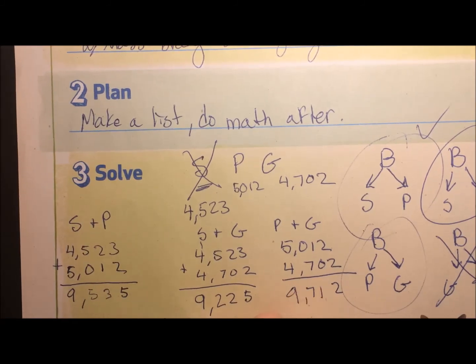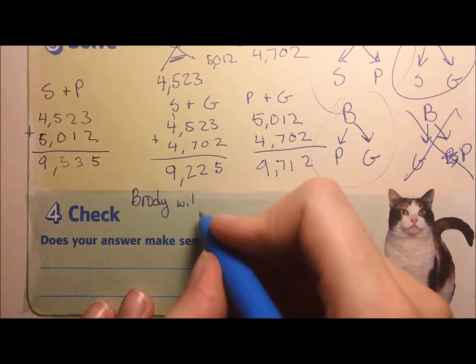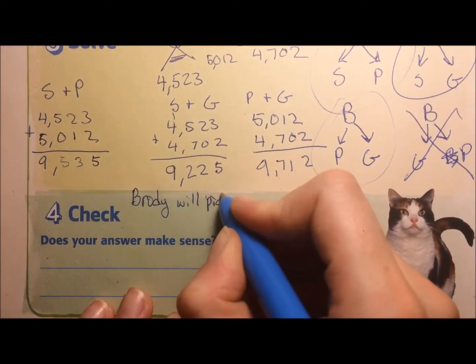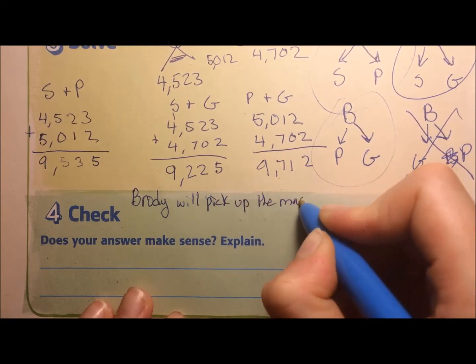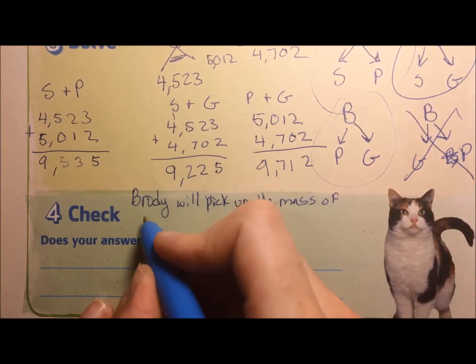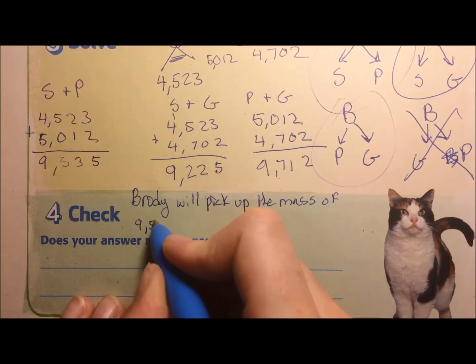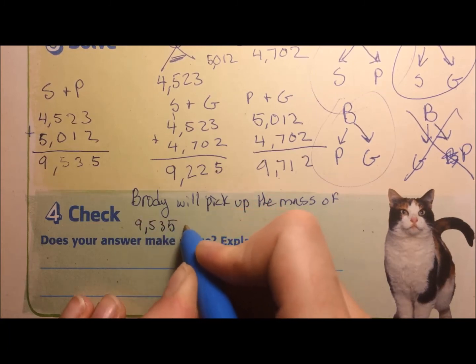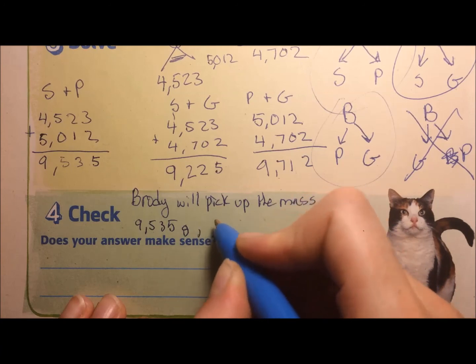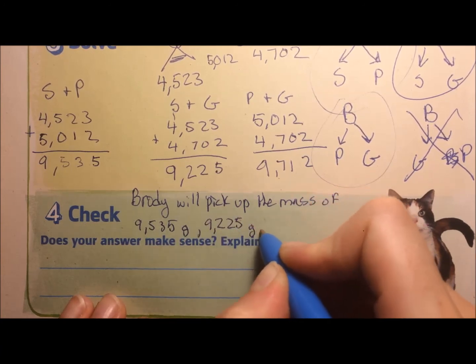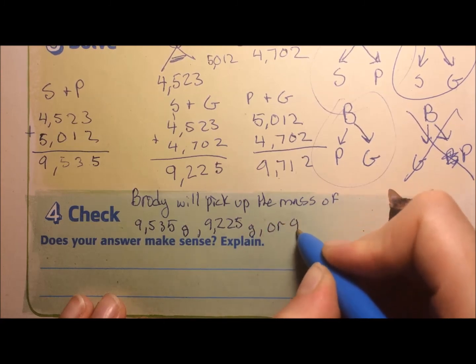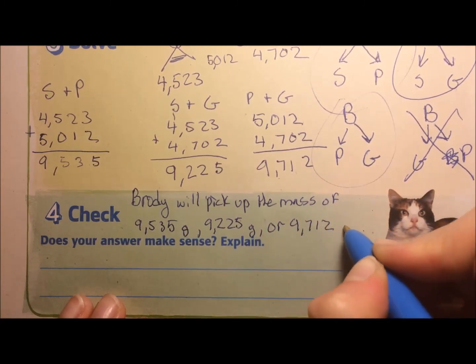Brody will pick up the mass of 9,535 grams, comma, 9,225 grams, comma, or 9,712 grams.